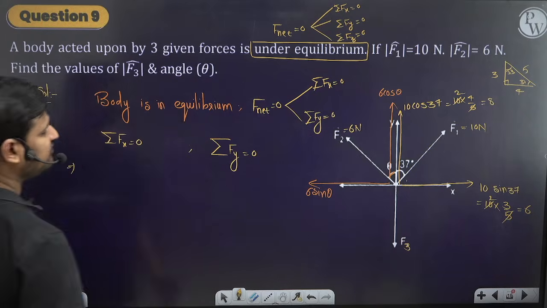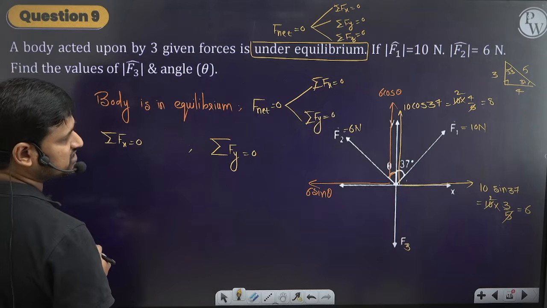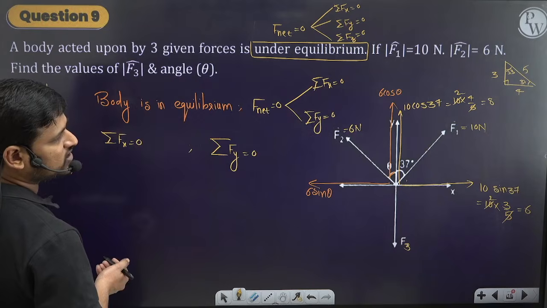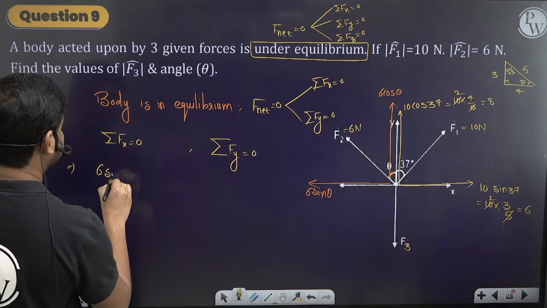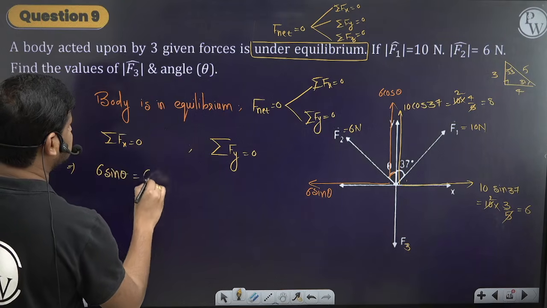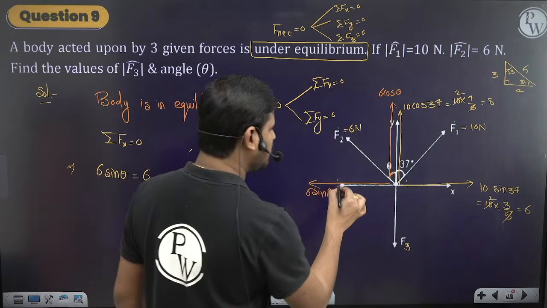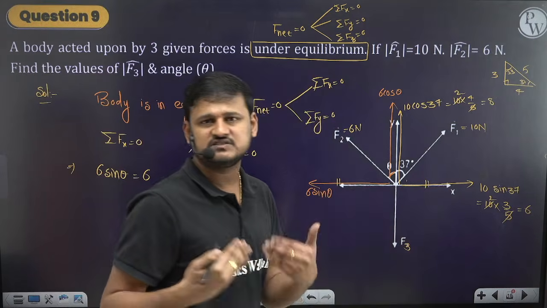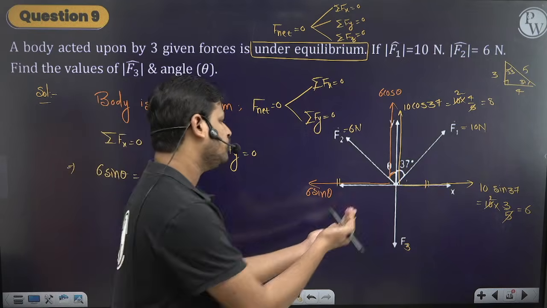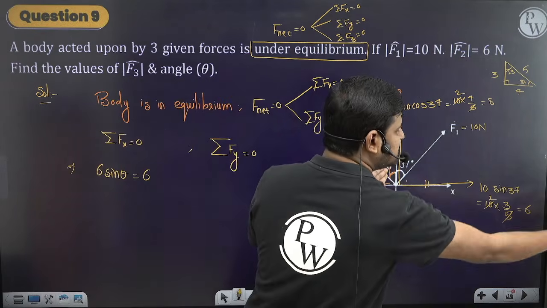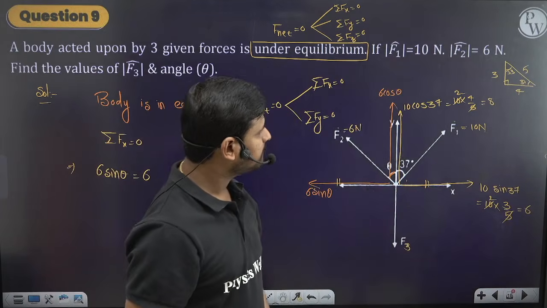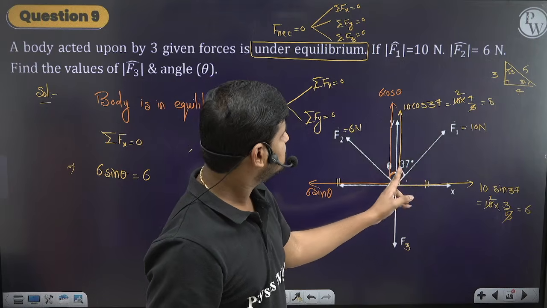So can we find the total forces in the x direction? We have only two forces. One is 6 sin theta, which must be equal to 6. When these two are balanced, only then is the net force in the x direction 0, right? Whatever force acts this side, 6 sin theta, must be balanced by the force on this side, which is 10 sin 37.